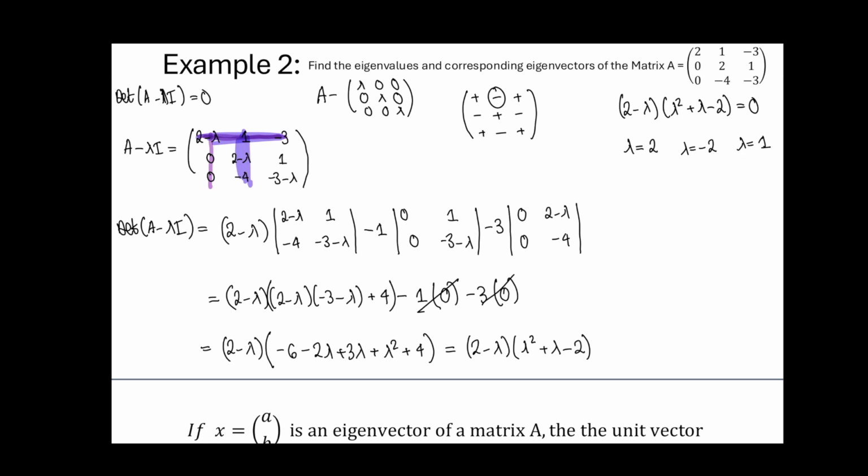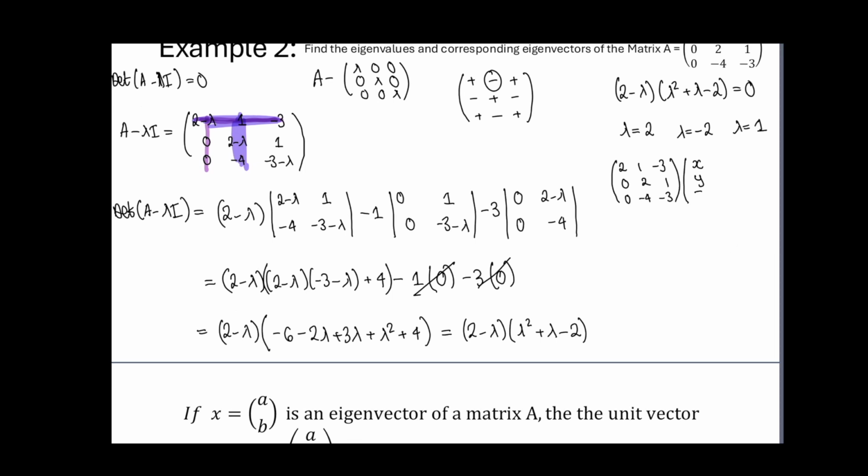Now what we have to do is, using these eigenvalues, find the eigenvectors. In order to do this, we do the matrix 2, 1, minus 3, 0, 2, 1, 0, minus 4, minus 3. As this is now a 3 by 3 matrix, our vector x will have 3 different components. So x, y, z is equal to, I'll be using the eigenvalue 2, times x, y, z.